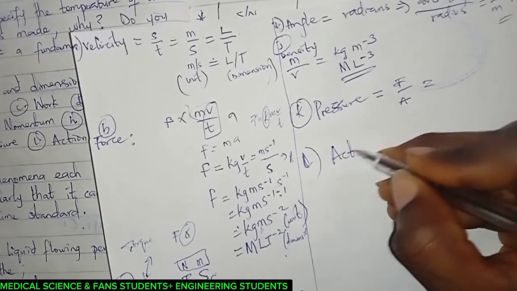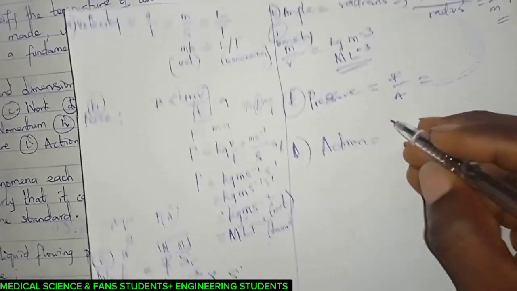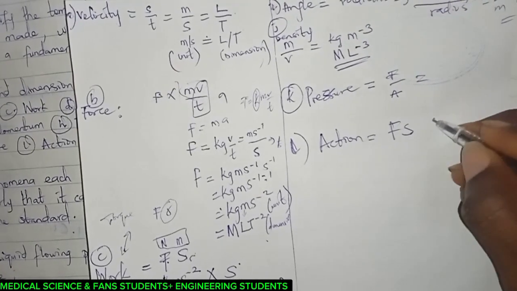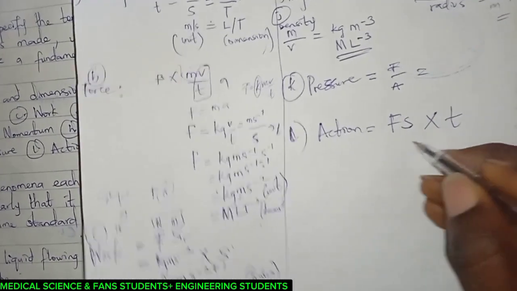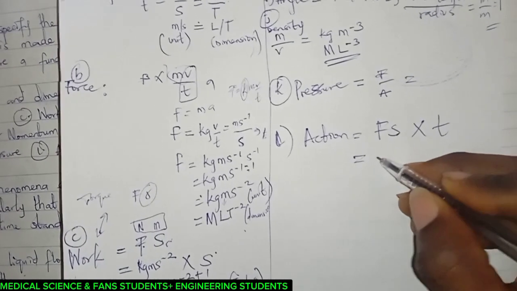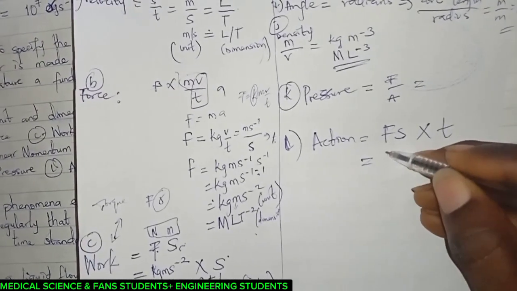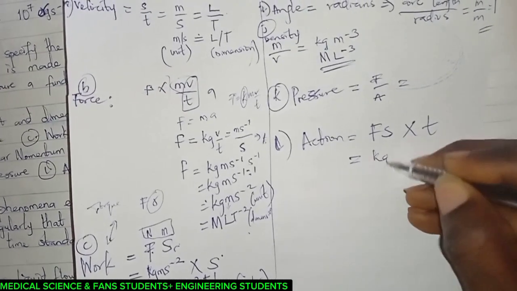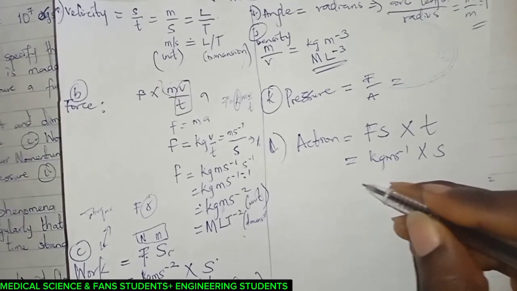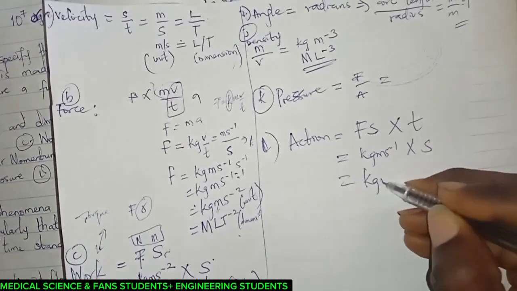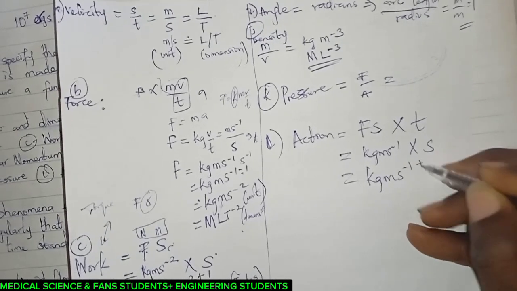Action is the product of work done and time. So the product of work done and time is action. You know that work done is kilogram meter per second times second. So this is going to be kilogram meter per second to the power plus 1.